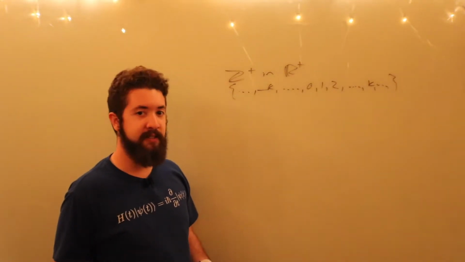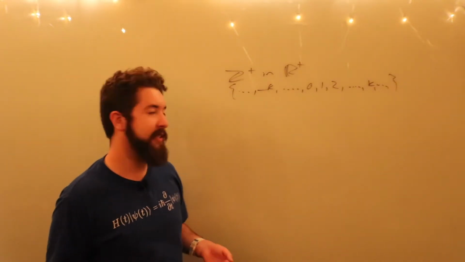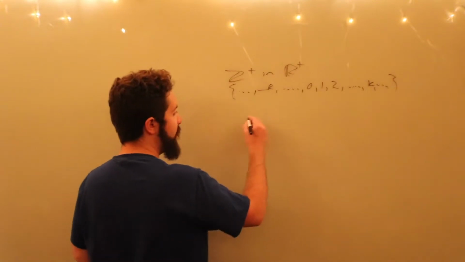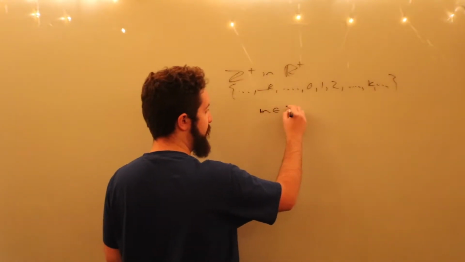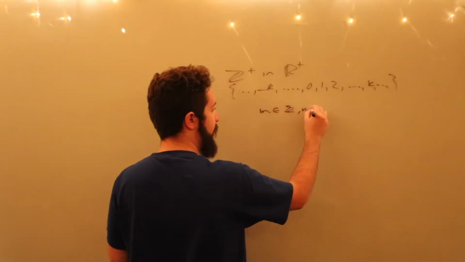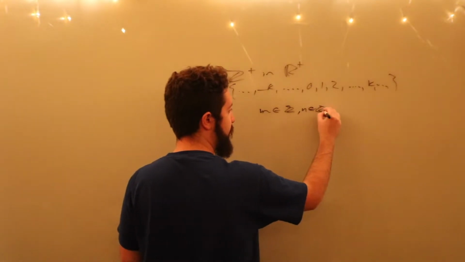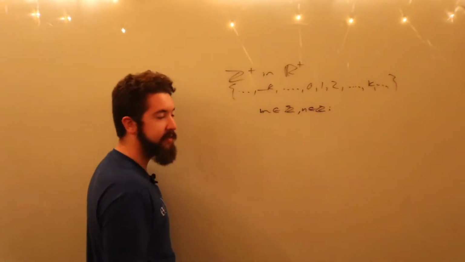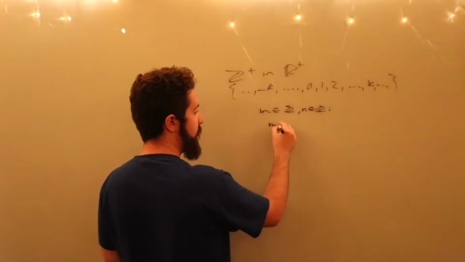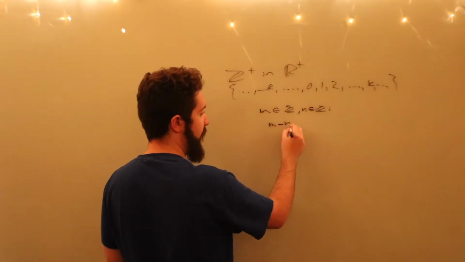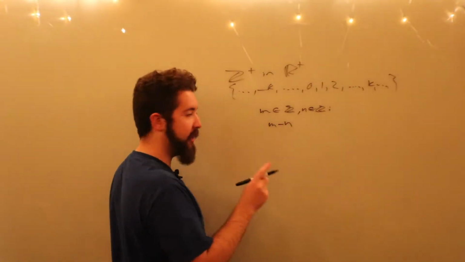But just for kicks, let's apply the subgroup test. So if we have some m in the integers and some n in the integers, the question we want to ask is, is m minus n also in the integers?